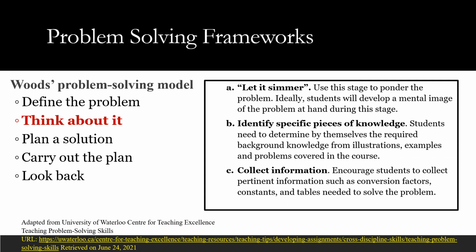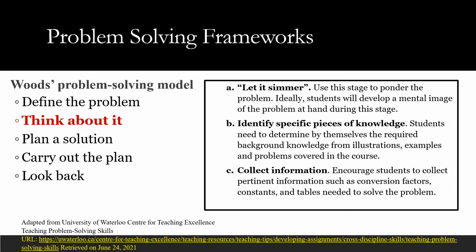Letter B, identify specific pieces of knowledge. So students need to determine by themselves the required background knowledge from illustrations, examples, and problems covered in the course. Letter C, collect information. Encourage students to collect pertinent information such as conversion factors, constants, and tables needed to solve the problem.